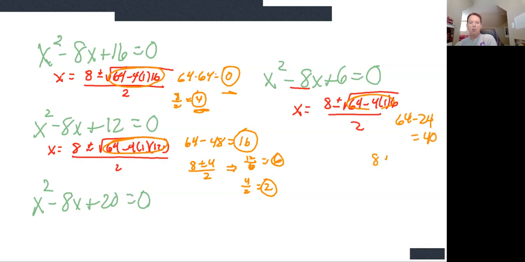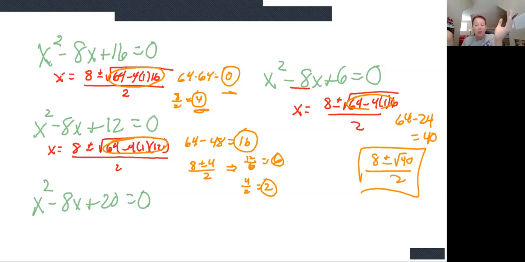So I have 8 plus or minus the square root of 40 all over 2. That still is going to give me 2 answers. I don't know what the square root of 40 is, but 8 plus that over 2 will be an answer. 8 minus that over 2 will be an answer.